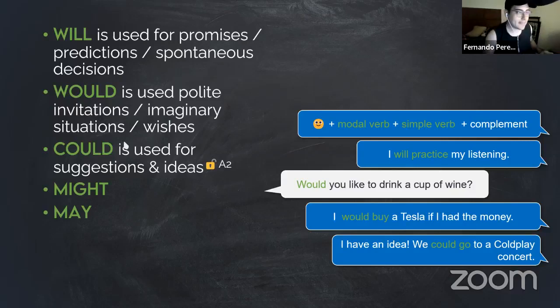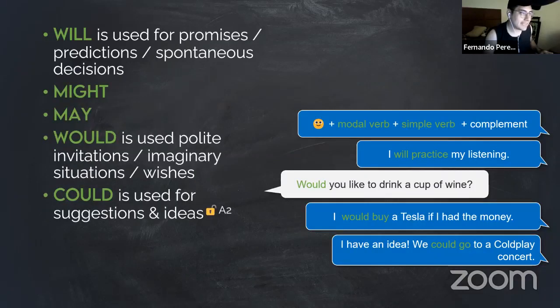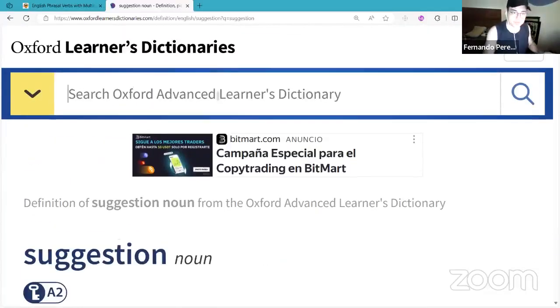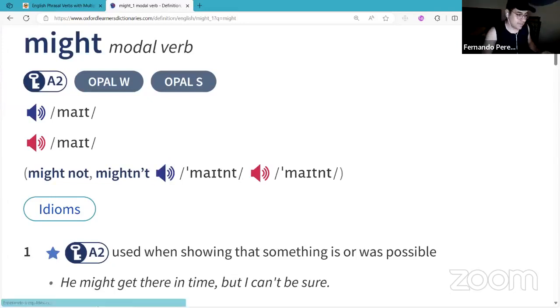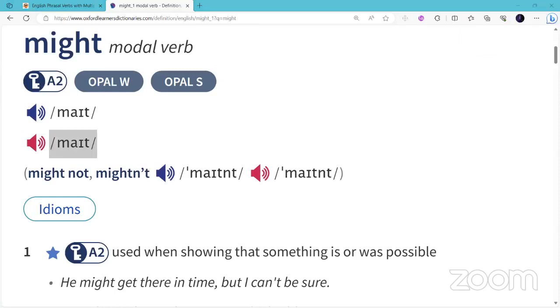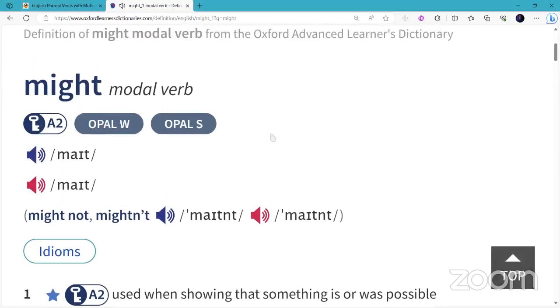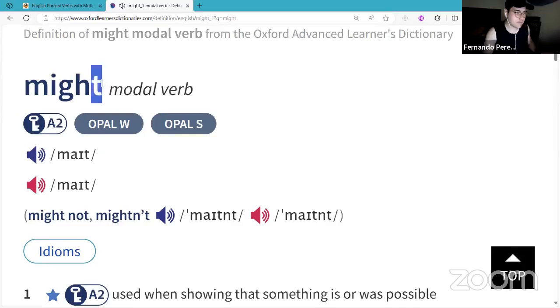And these two are together. But when you use might and may, attention, the pronunciation is very tricky. They look very similar, but it's a different pronunciation. How do you pronounce this, Viridiana? Might. Yes, of course, everybody. Might. The one that has a T is might.